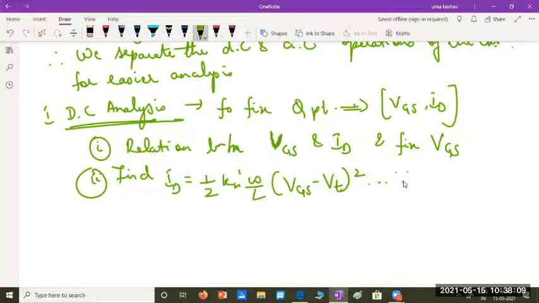Why? Because the MOSFET works in the saturation region when it is used as an amplifier. Please remember, unlike BJTs, where we called it the active region, in MOSFETs we call it the saturation region.